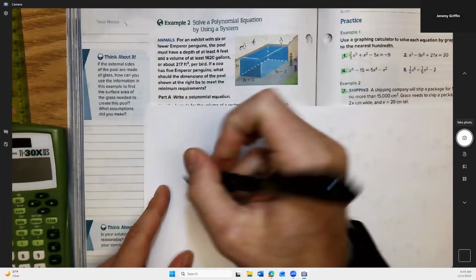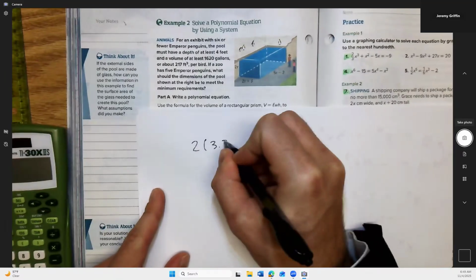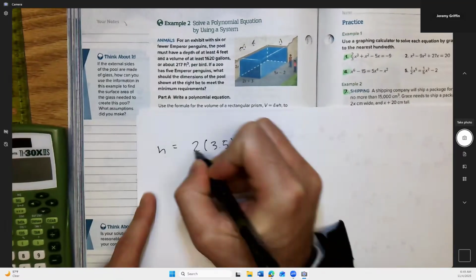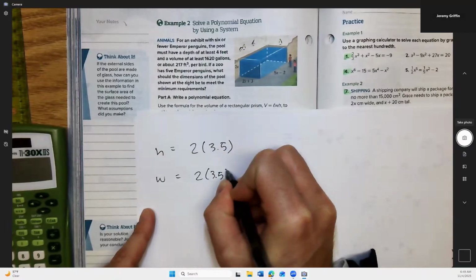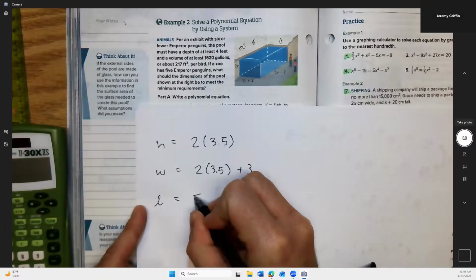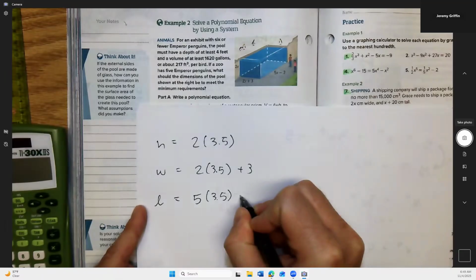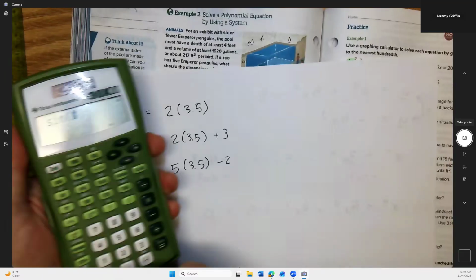So I got 2x, so where the x goes, I'll put 3.5. They will call that the height. The width is 2 times 3.5 plus 3, and the length is 5x minus 2, so it's 5 times 3.5 minus 2. So here, I'm going to go to the calculator.